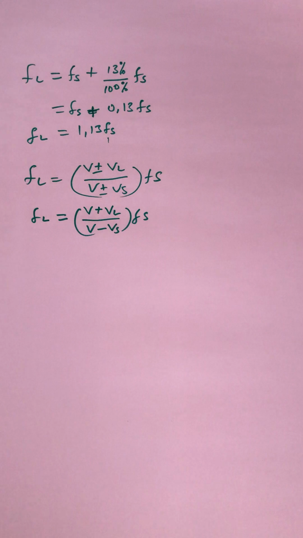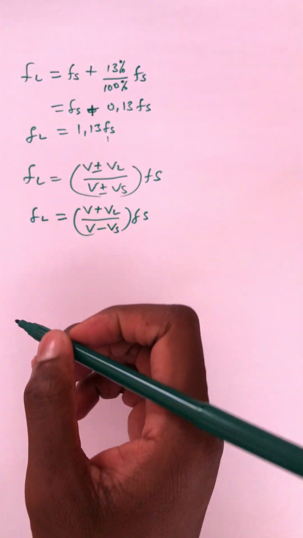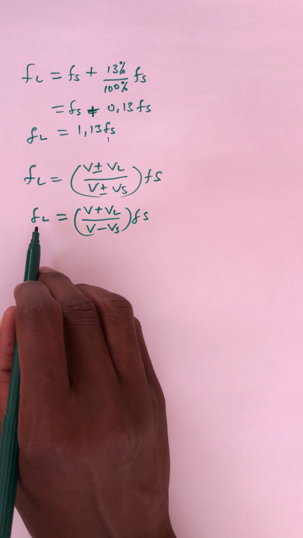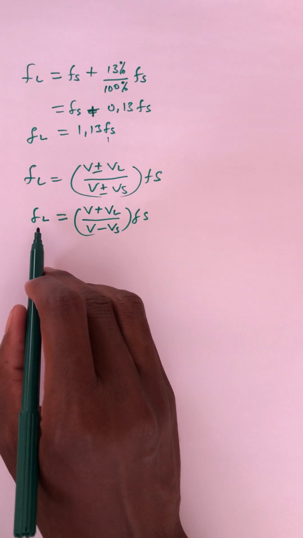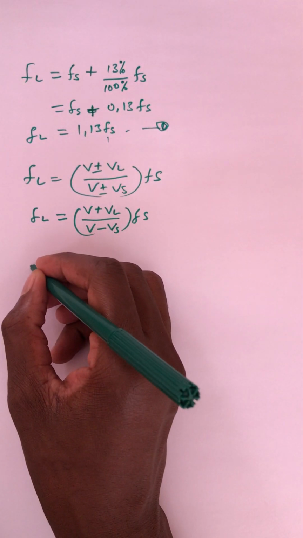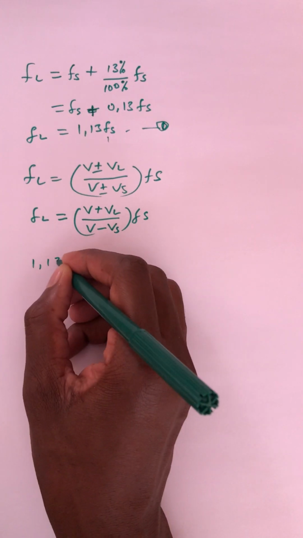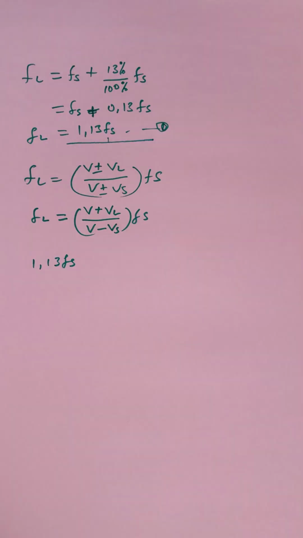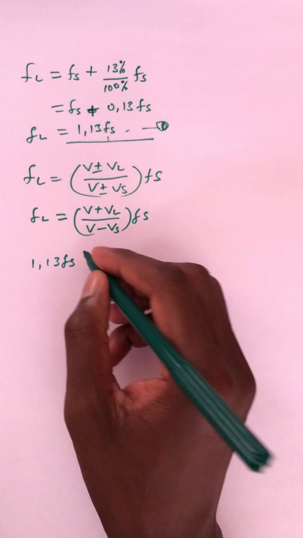So now, what is the frequency of the listener now? The frequency of the listener is 1.13 Fs, as we can see from the equation. This is the frequency of the listener now.